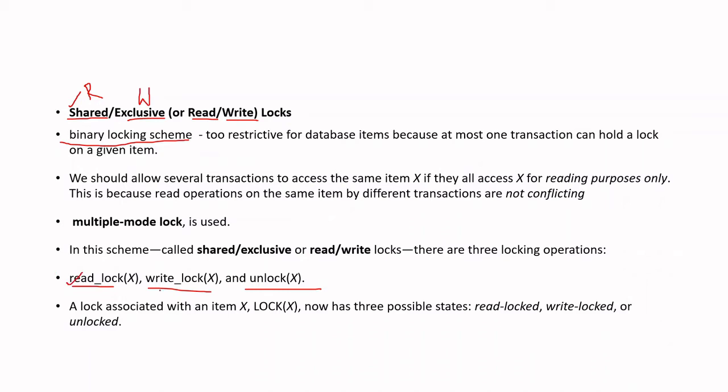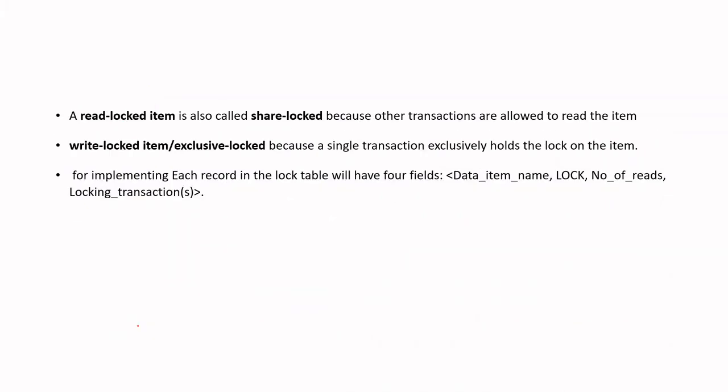And a lock associated with item X, lock X, now has possible states: read locked, write locked, and unlocked. A read locked item is also called a shared lock because other transactions are allowed to read the item, and a write locked item is called an exclusive lock because a single transaction exclusively holds the lock on the data item.